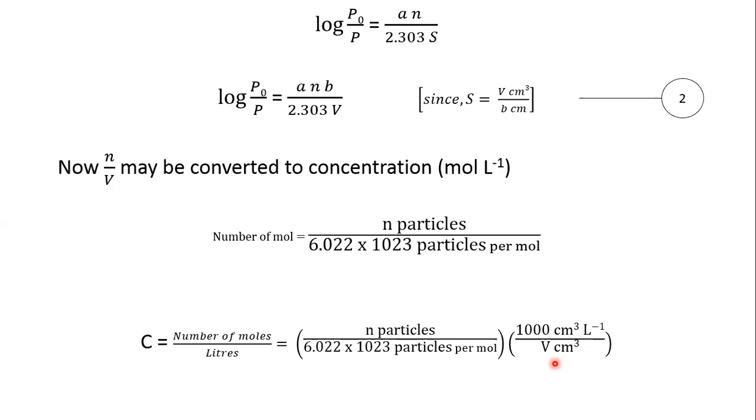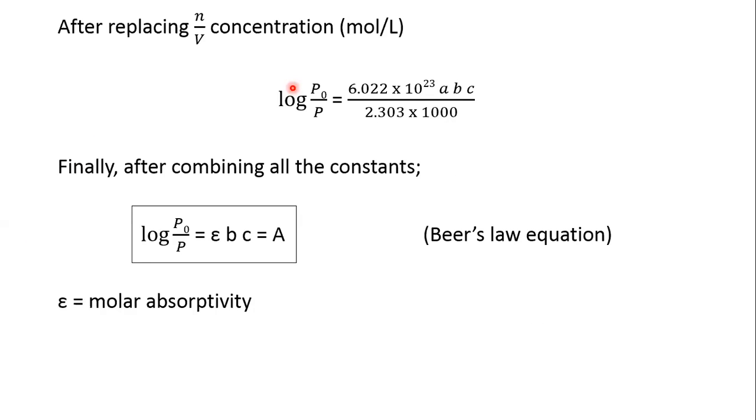Now this whole term is considered as the concentration term, and it is generally replaced in equation 2. After replacing this N by V value by the concentration term, the final equation 2 becomes 6.022 into 10 to the power 23 into a into b into c divided by 2.303 into 1000.